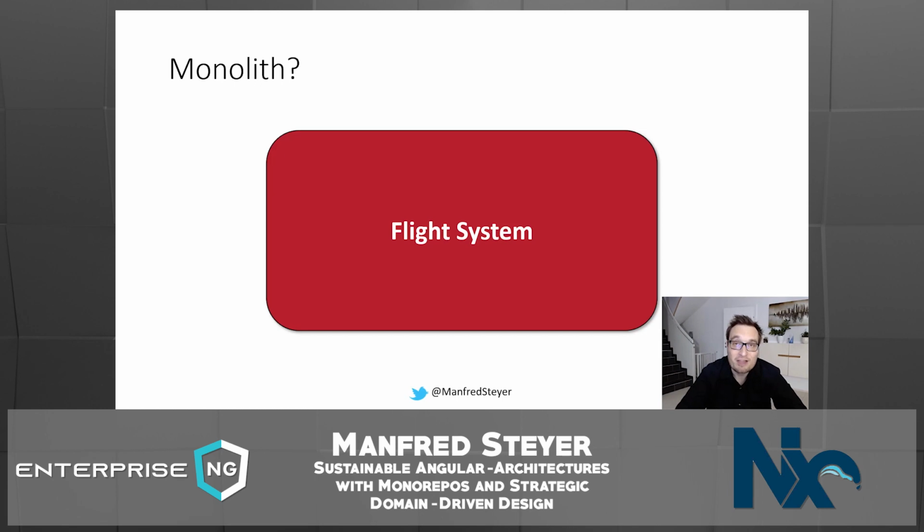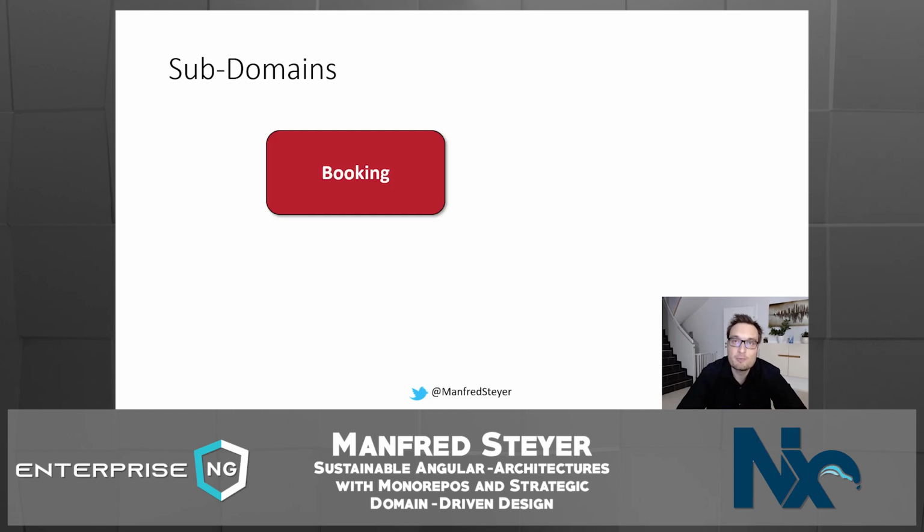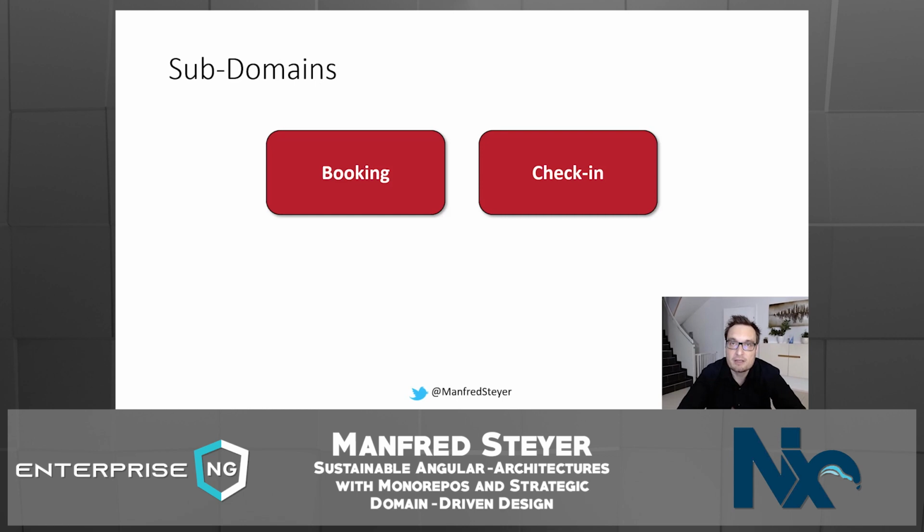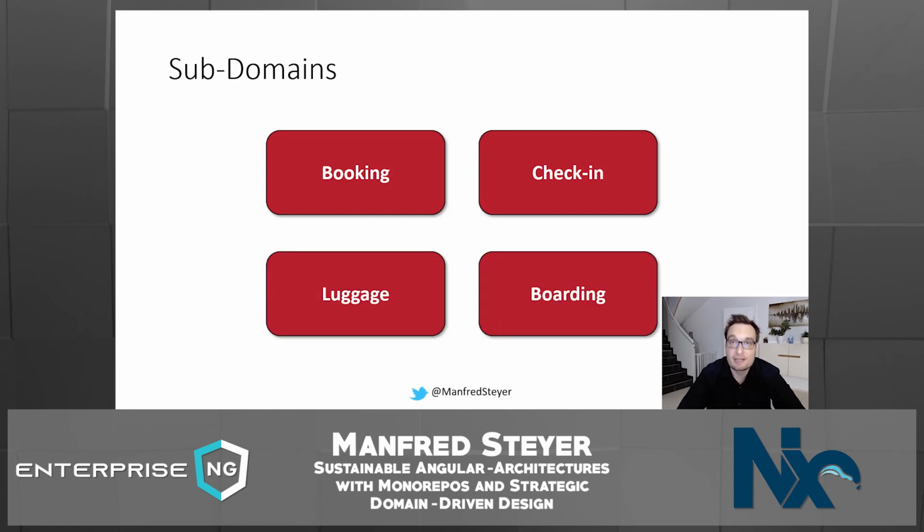Instead of this big chunk of application, strategic design tells you to create tiny subdomains, like a booking domain in our case, a check-in domain, a boarding domain, or a luggage domain. And now you should try to isolate your subdomains. The less they know about each other, the better it is. Because in this case, you can change one side without affecting another part of the application.